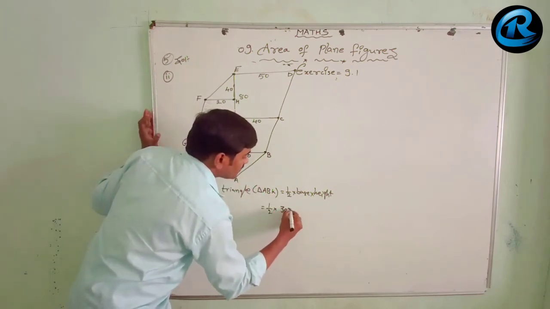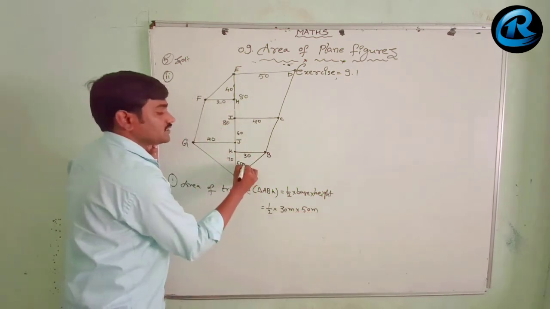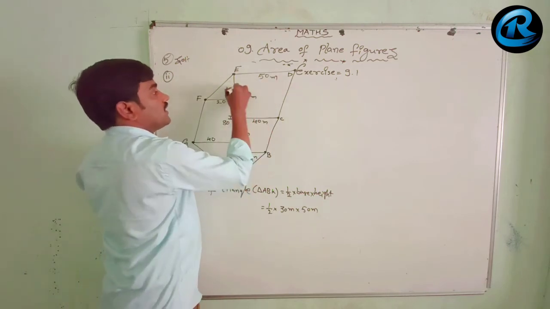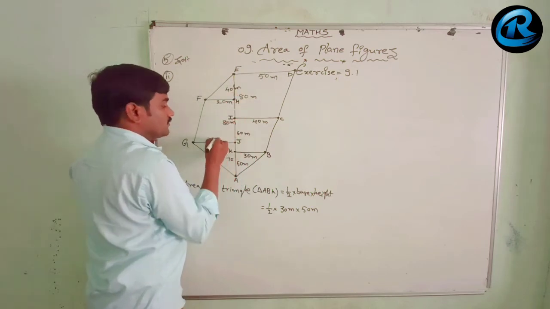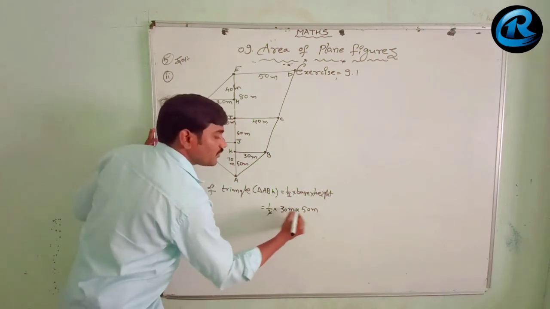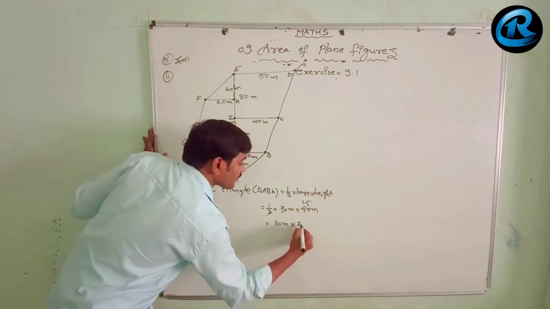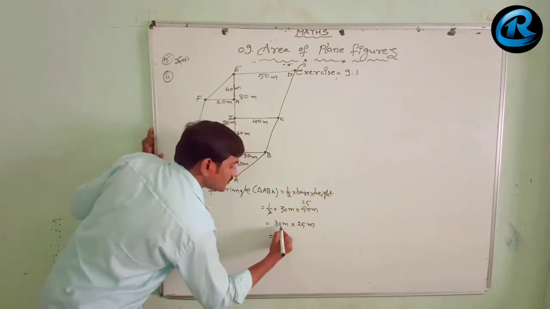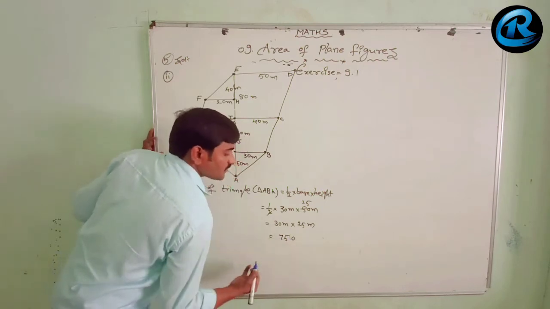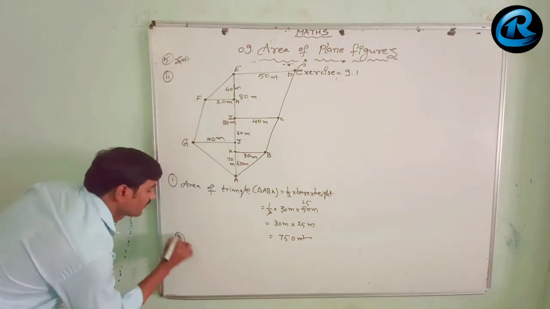So 30 meters into 50 meters. They are all in meters. Don't forget all the units, they have given in meters only, already set in the question. We also solved this in the previous question. So 2 ones are 2, 2 25s are 50. So here 30 meters into 25 meters. So 0 you write here, 3 into 25, that is 75. So meter into meter, meter square. First one finished. Let's go for the second one now.